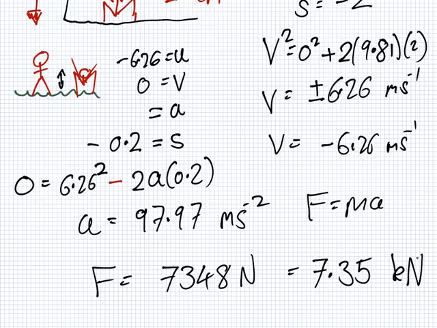Now, that's probably getting close to the limit that your leg bone can handle. I can't remember where I read this, but I'm pretty sure 10 kilonewtons will break your leg bone. So you can see that he's getting close to breaking his leg bone.